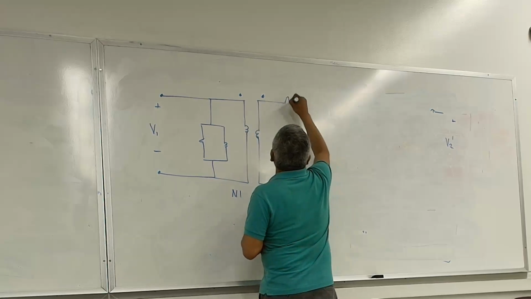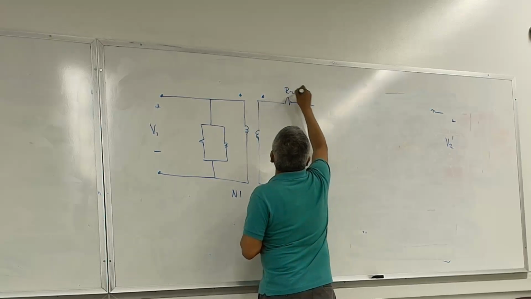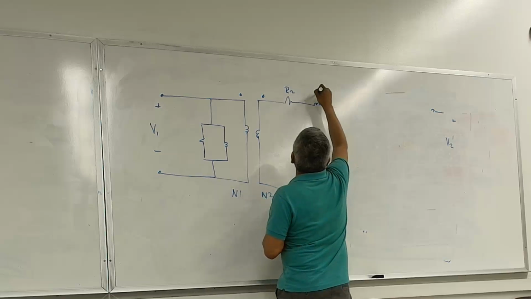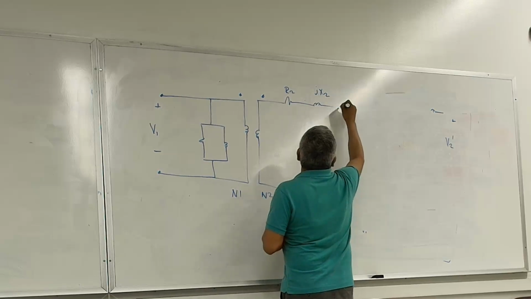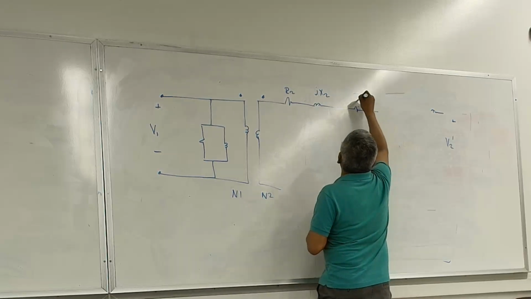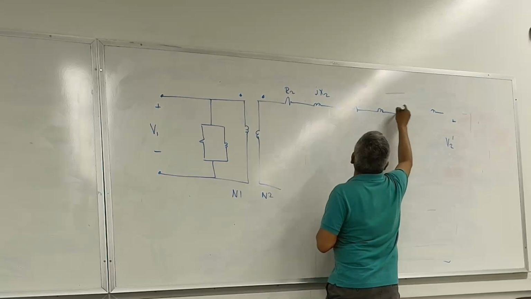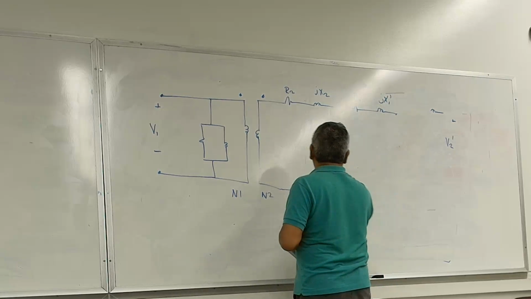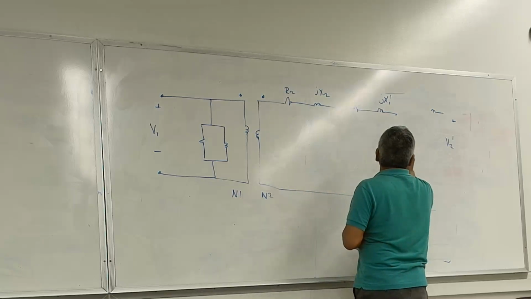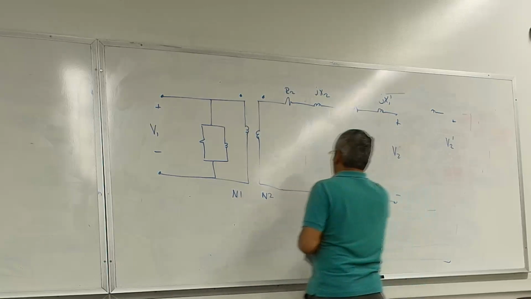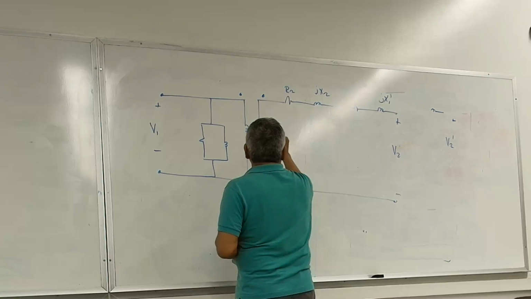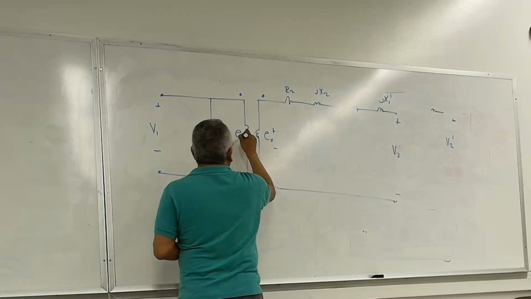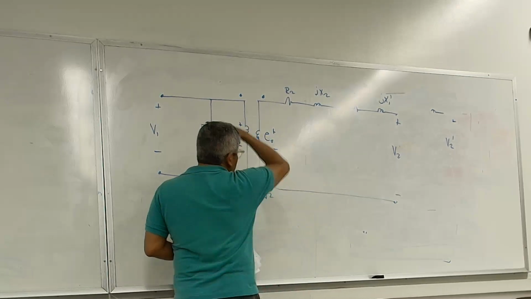Now I have R2, JX2, R1 prime, JX1 prime, and I have V2 plus minus, and then E2 plus minus, E1 plus minus.